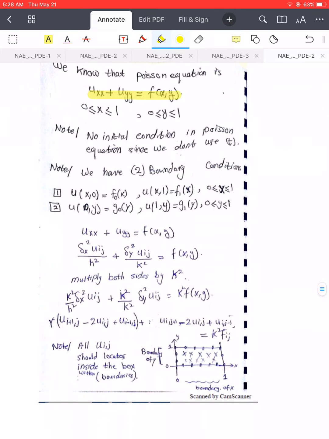Just apply as before the boundary conditions: u(x,0) and this one also are boundary conditions, but this one is a function of y, the boundary from the top. This is initial and this is top, and this boundary as before, left hand side and right hand side.